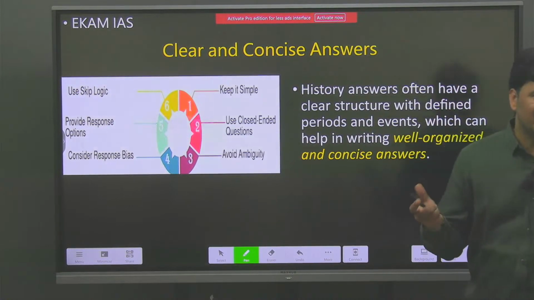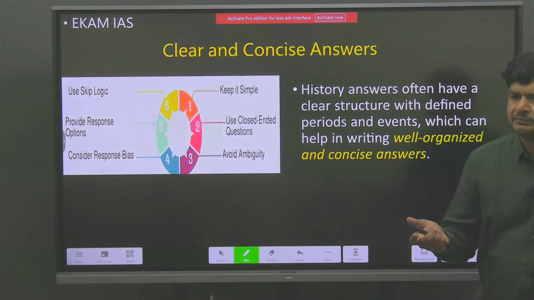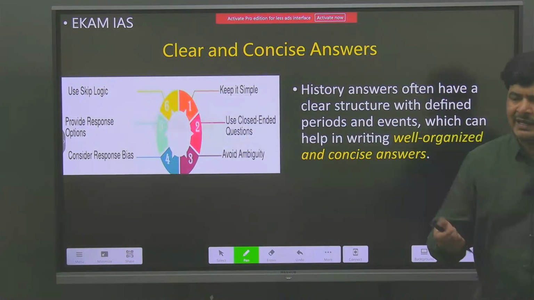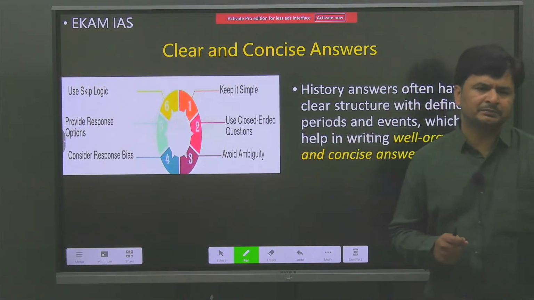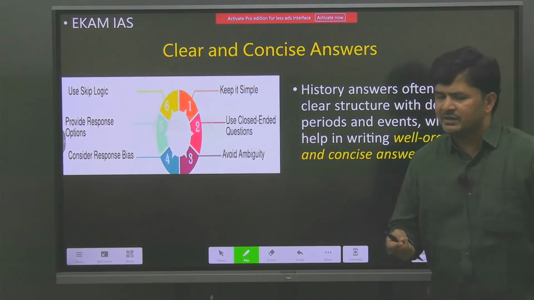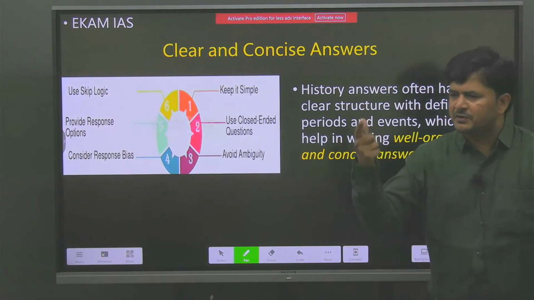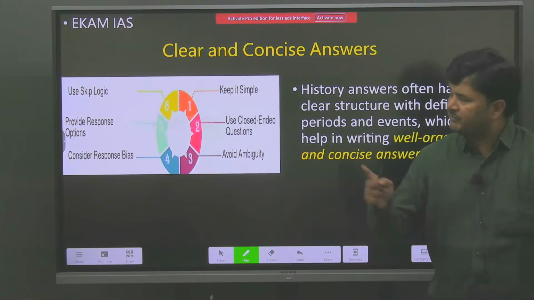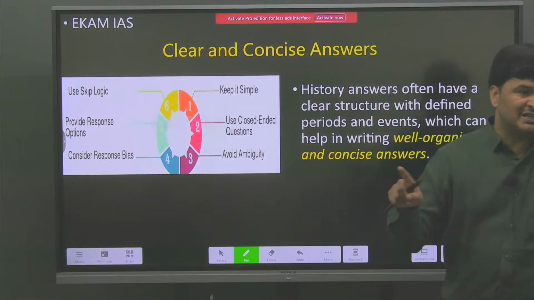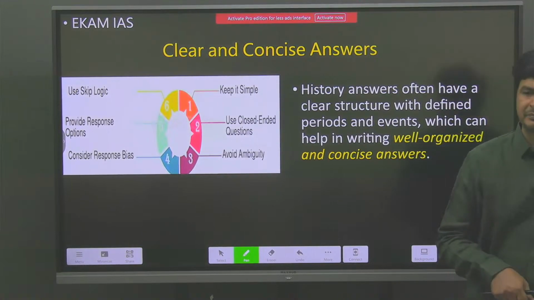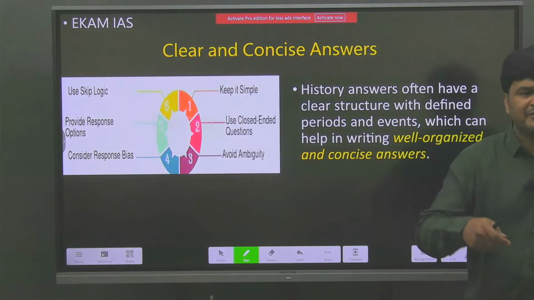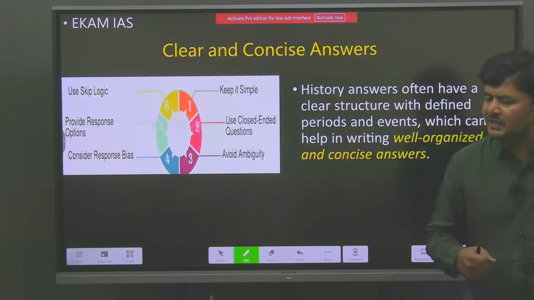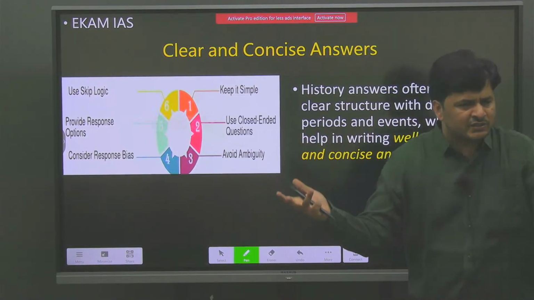As I was telling, it is a static subject. You may be asked to explain the administration of the Cholas. You may be asked what the factors responsible for Magadhan imperialism were. Explain the factors which led to the rise of Jainism and Buddhism in the 6th century BC. Explain factors for the rise of new religions in the 6th century BC, or social religious reformation movements.